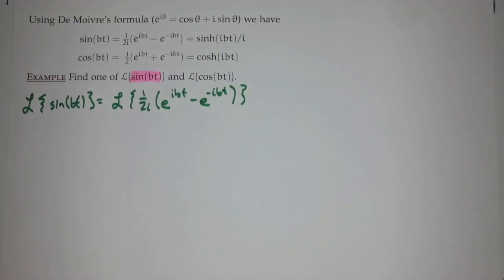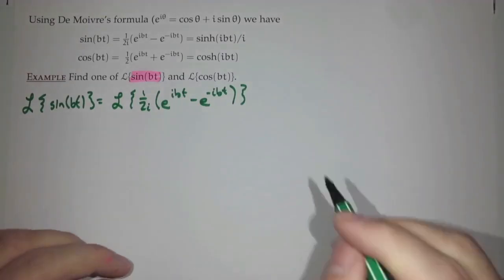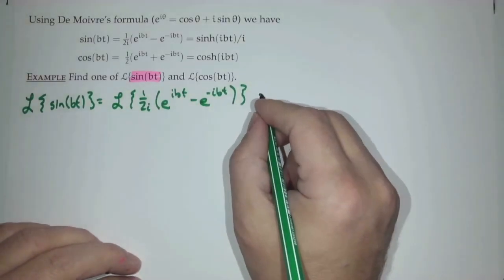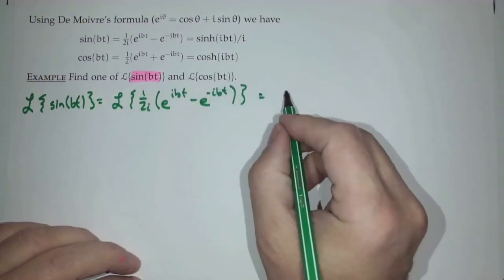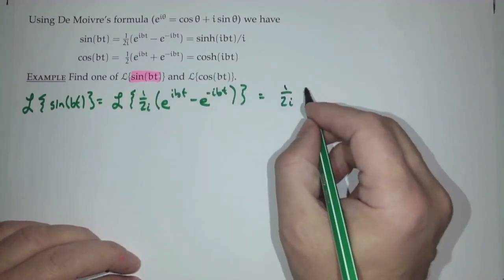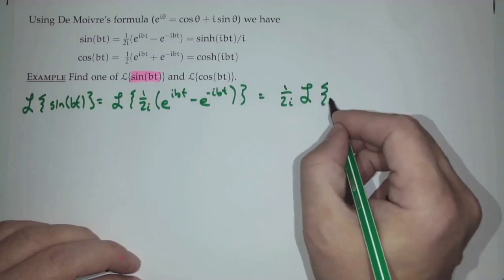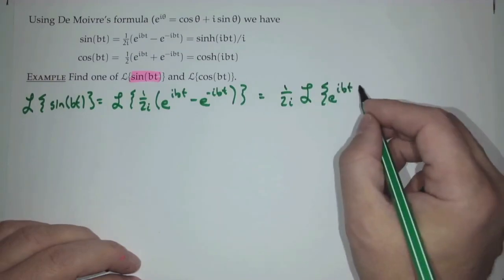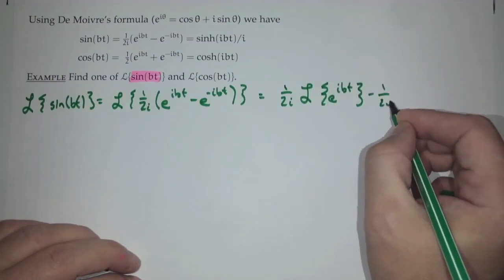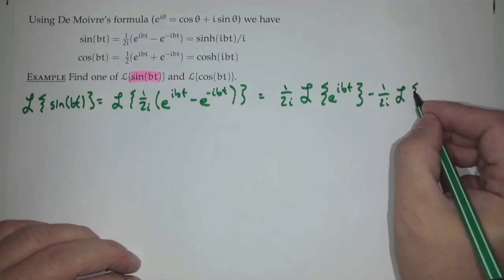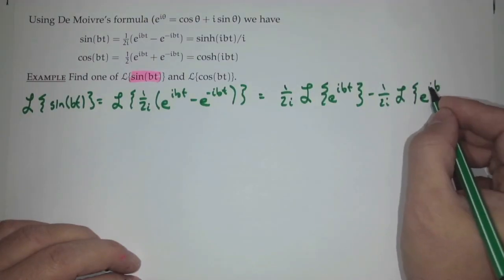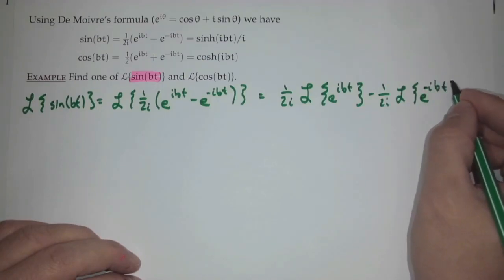The nice thing is that this has become a way to write our Laplace transform for sine in terms of Laplace transforms of exponential functions. Now you might say, but does that help us? Well, the constant can come out, and so we have the Laplace transform of e to the i times bt, and similarly the Laplace transform of e to the minus i bt.